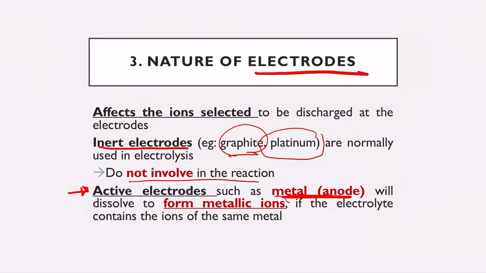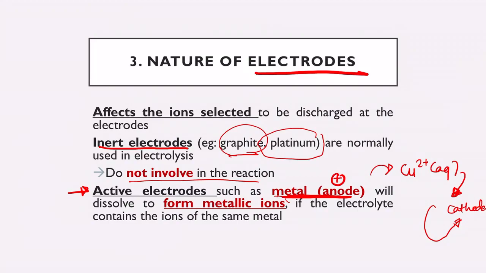It is your positive terminal, so your metal will lose electron. Okay, it will lose electron to form whatever copper 2 plus ke contoh aqueous, dia masuk dalam awak punya solution, your electrolyte, and then dia akan melekat dekat awak punya cathode. So that is how electroplating works.